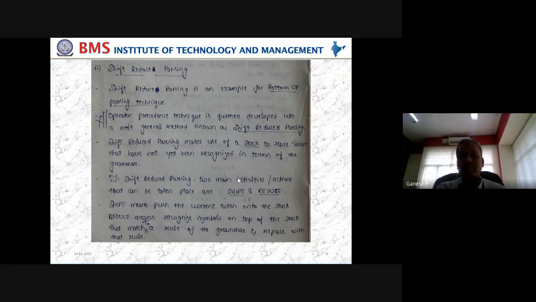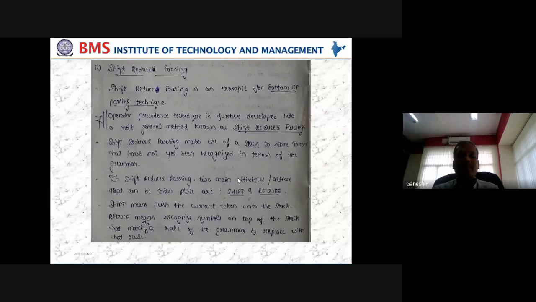So both operator precedence and shift reduce are the two techniques we have under bottom-up parsing. In shift reduce parsing, we have seen that a stack was used as a data structure. Every input that we see gets shifted into the stack, meaning that it is pushed. During that time, the data in the stack is checked every time whether it can be further reduced into one of the grammar rules.